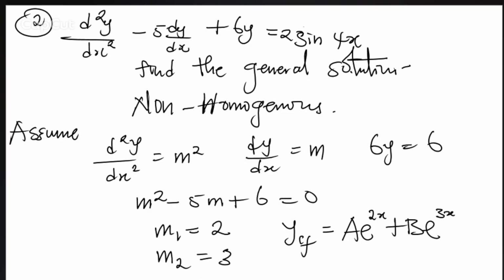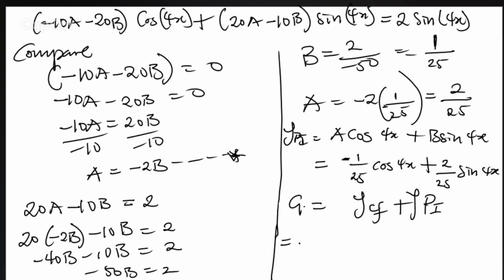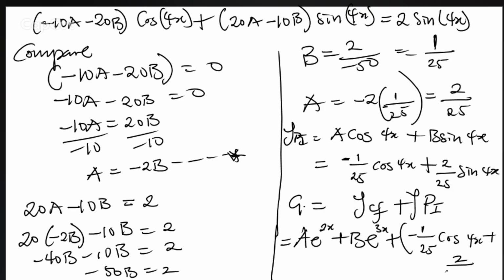So here you simply have A exponential 2x plus B exponential 3x plus, what is now your y_PI? Your y_PI is given to be minus 1 over 25 plus 4x plus 2 over 25 sin 4x.